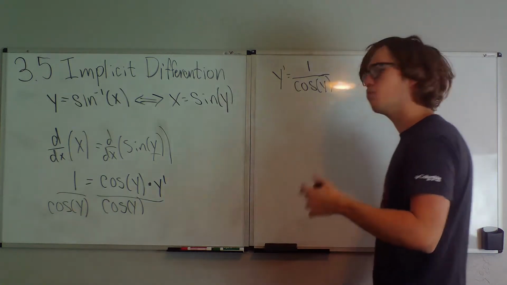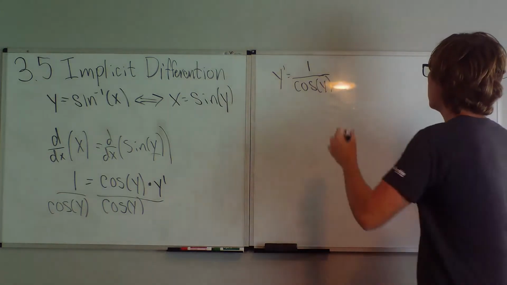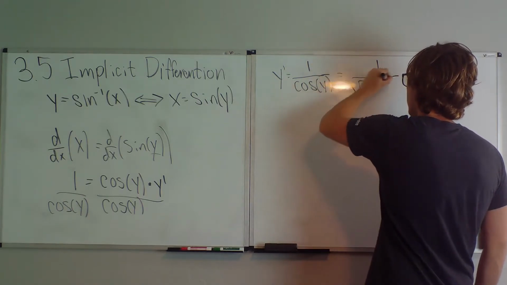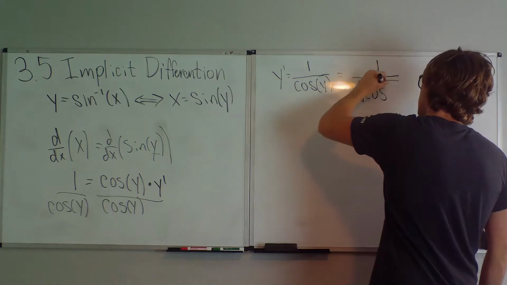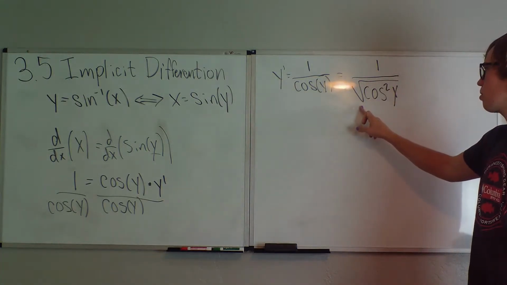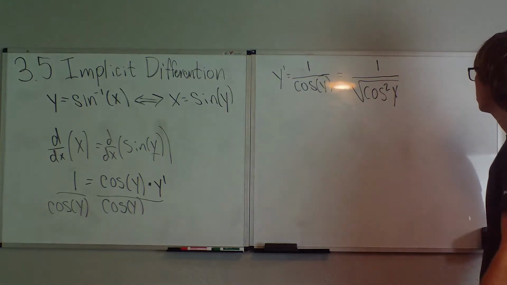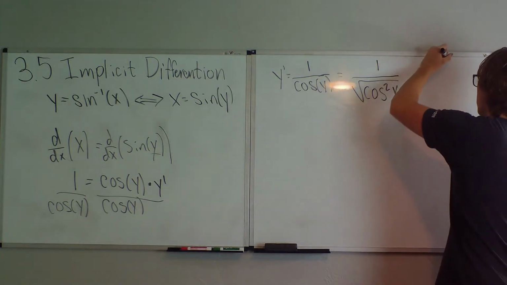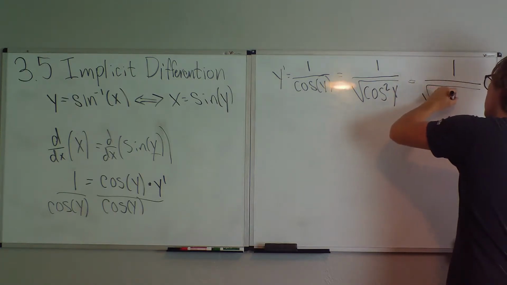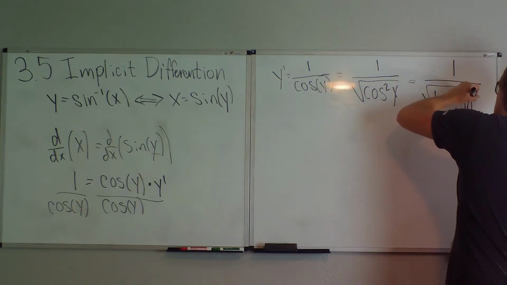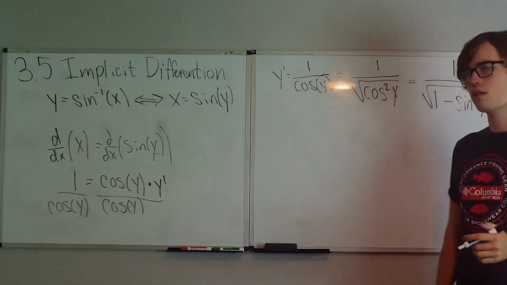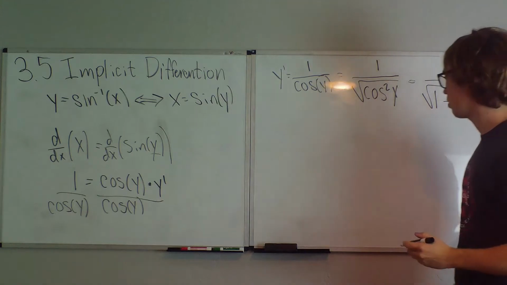So let's kind of just manipulate it with trig that we know. Well, this is the same thing as saying 1 over the square root of cosine squared y, right? Because that's a square root. These two statements are equivalent. And then this is also equal to 1 over the square root of 1 minus sine squared y, right? And you're probably like, wait, 1 minus sine squared.